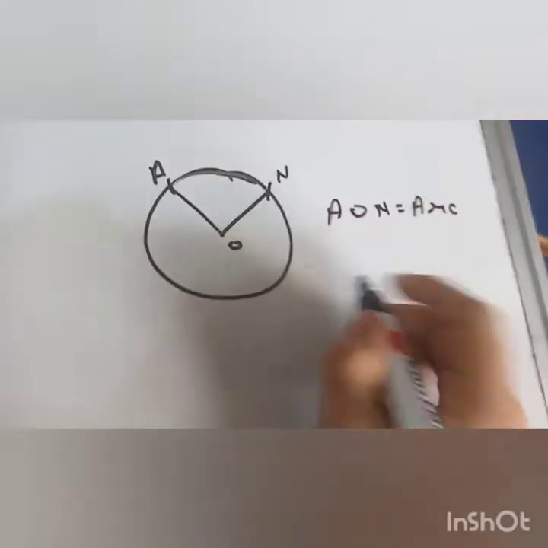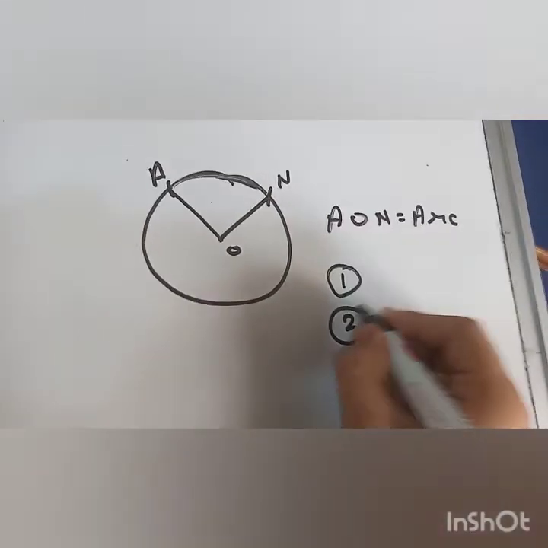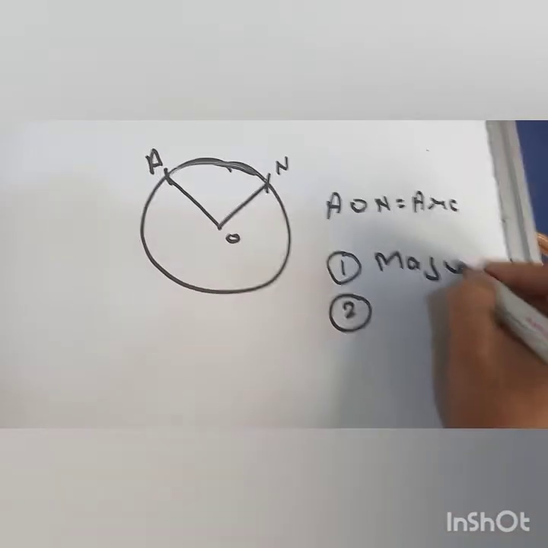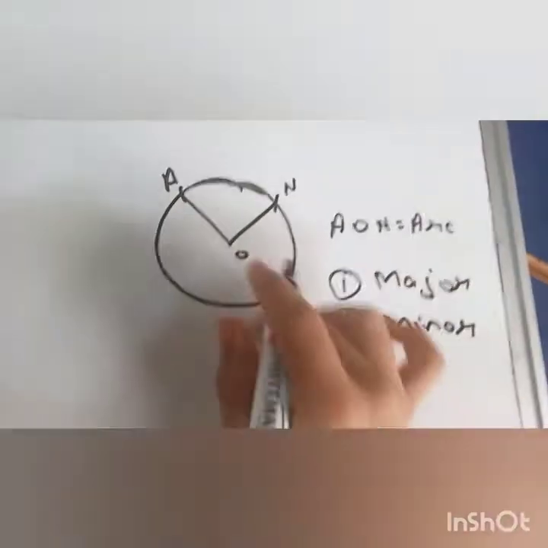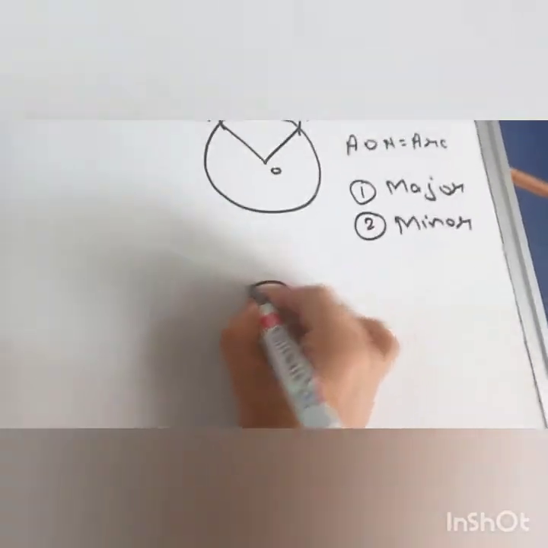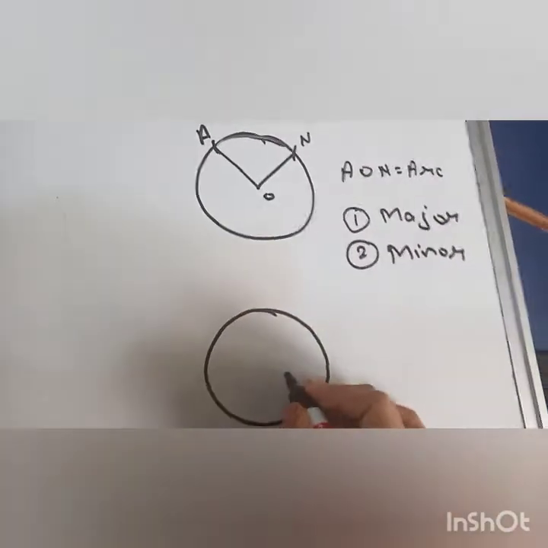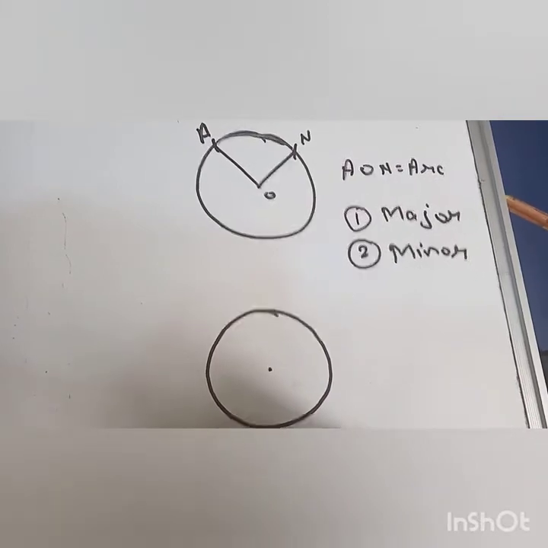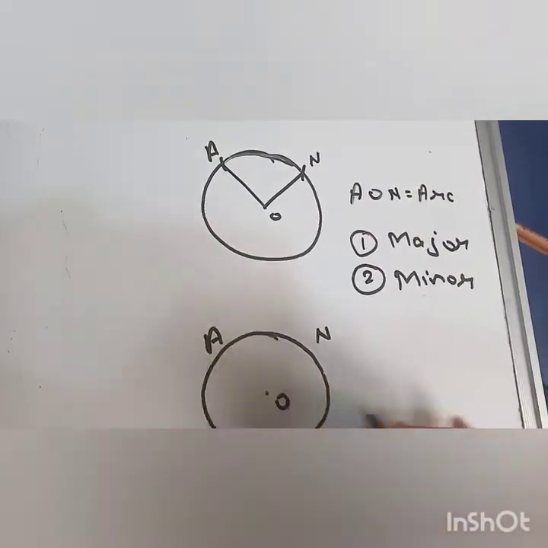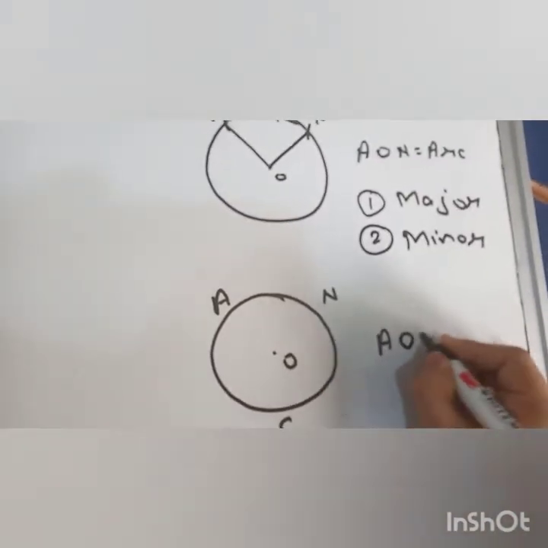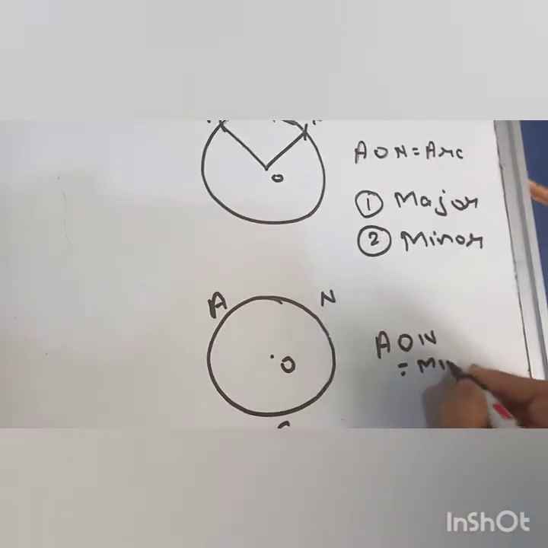So let's talk about two main types of arc. One is major arc and other is minor arc. So let's take same example here also. So AON is a minor arc.